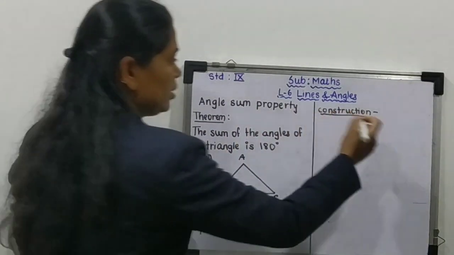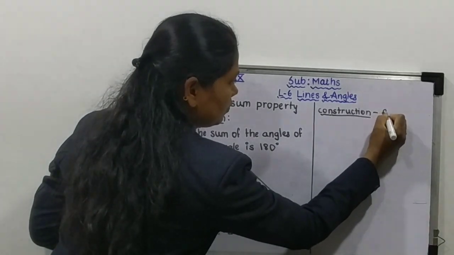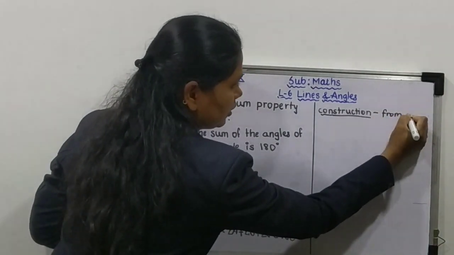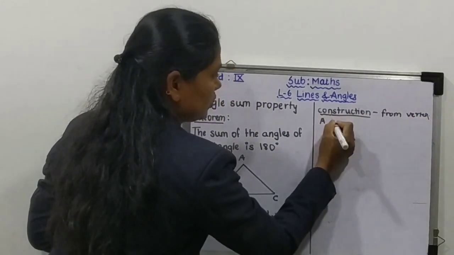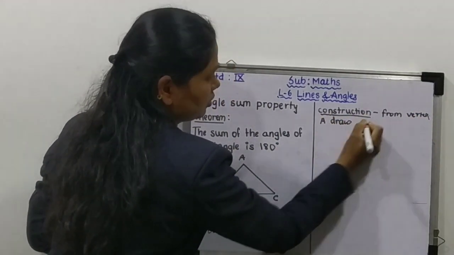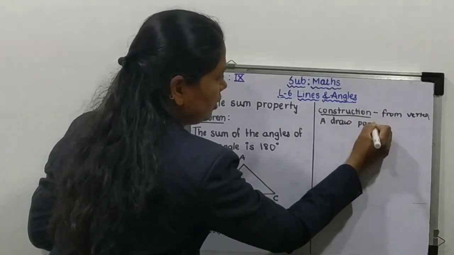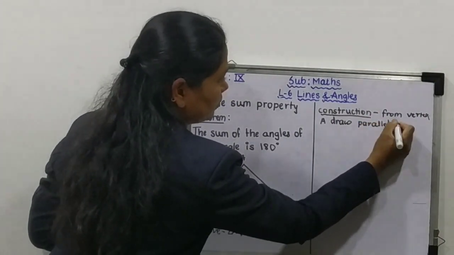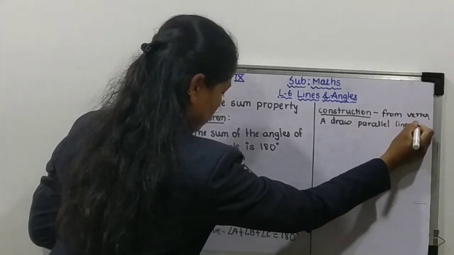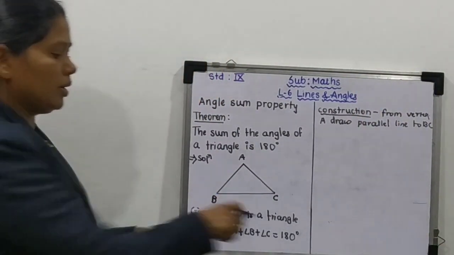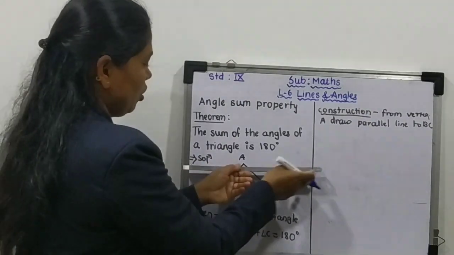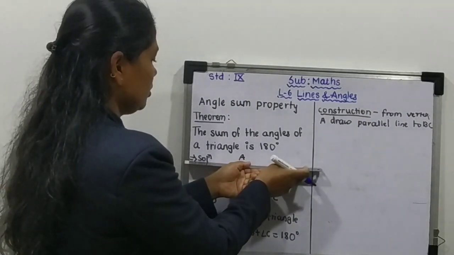We will write here: from vertex A, draw a parallel line to BC. Okay? We are going to draw a line parallel to BC. So let us draw it.